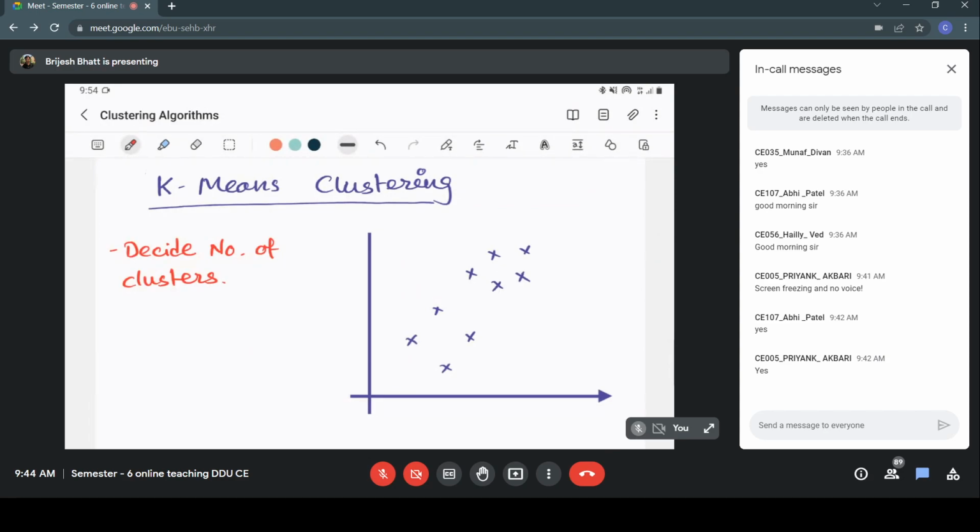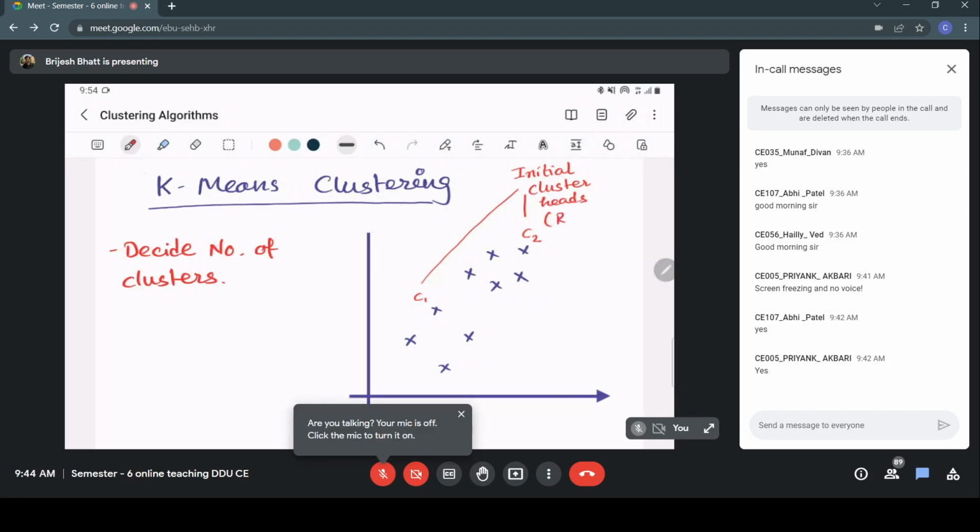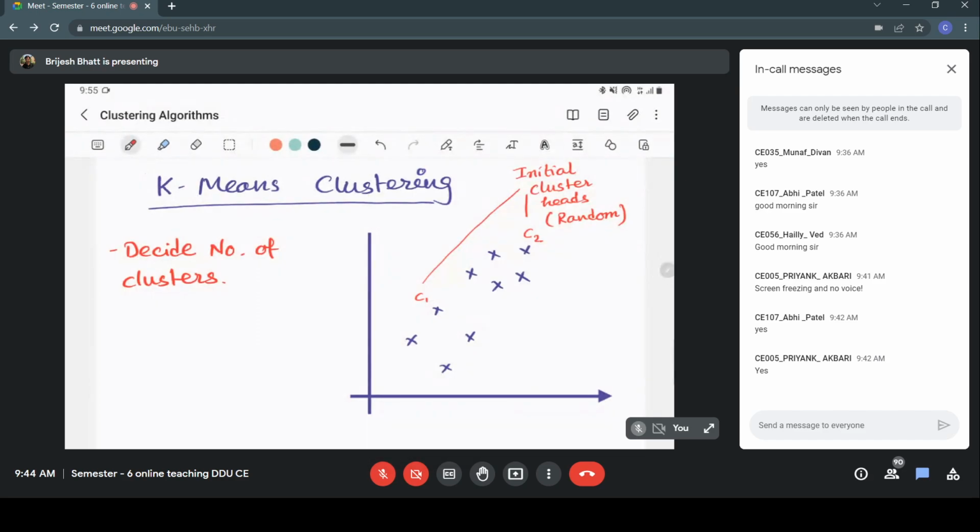So, for example, as we discussed last time, we can choose 2 points, let's say C1 and C2, as initial cluster heads, which we have randomly selected.